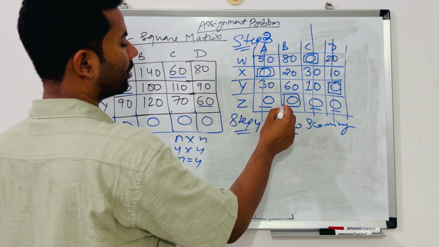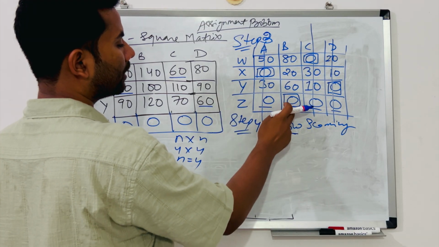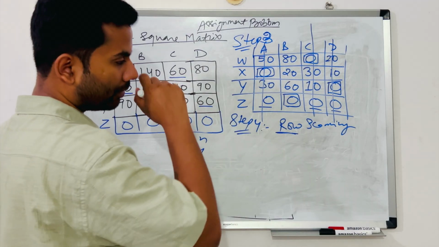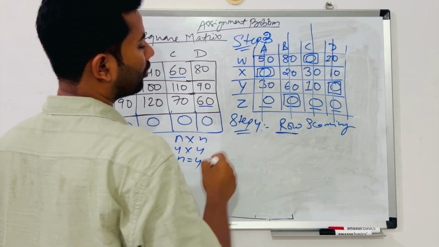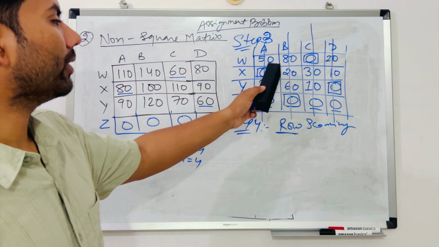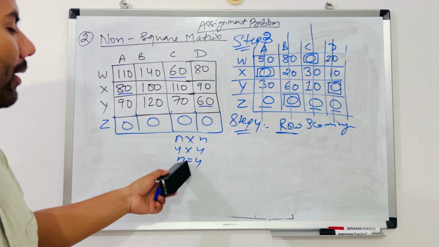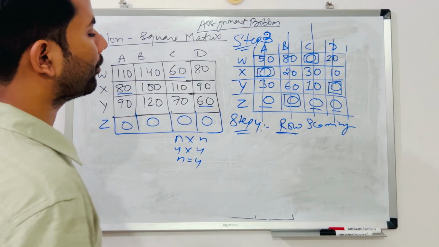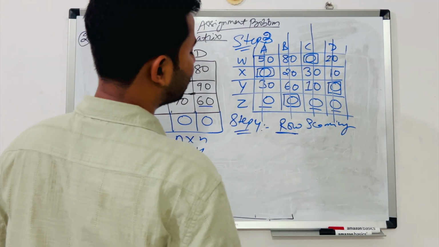So in row 4 we get one 0, and we cut by the column. Now you can see the number of boxes is 1, 2, 3 and 4. The value of n is 4, so our solution is correct.